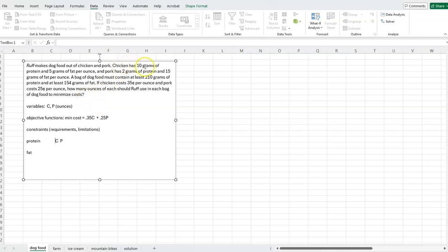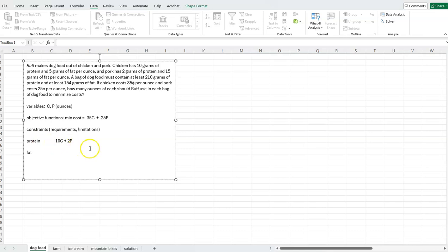Well, chicken has 10 grams of protein, so its coefficient will be 10. And then pork, let's see, pork has 2 grams of protein, so its coefficient will be 2. So notice I did the same logic I did up here. I was just looking for protein values. And if I put a plus sign between them, that'll be the total protein.